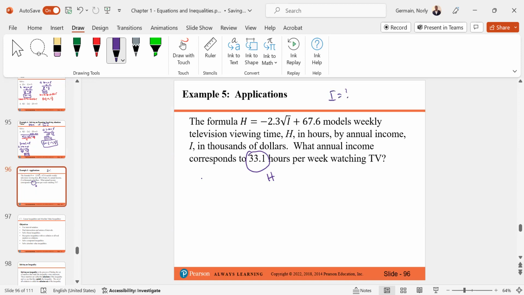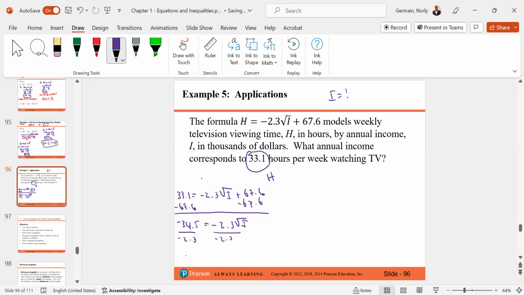All right. First of all, you substitute h with 33.1 equal negative 2.3 square root of I plus 67.6. You need to subtract 67.6 from both sides. When you subtract these, you have negative 34.5 equal negative 2.3 square root of I. Let's divide both sides by negative 2.3.